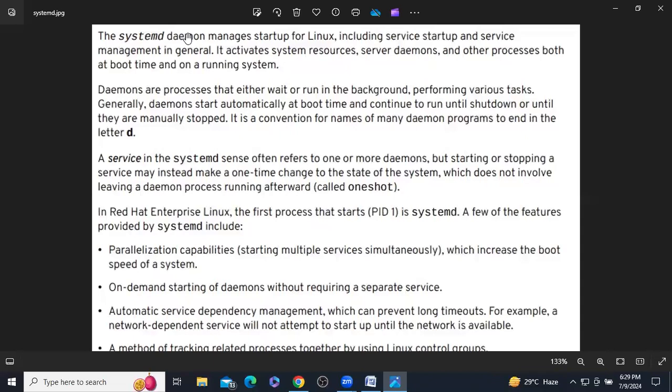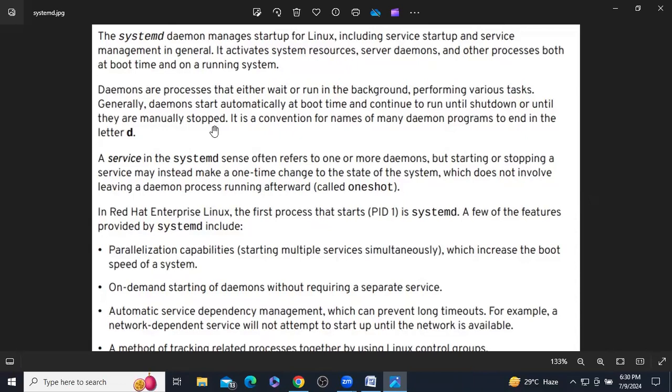So 24/7 for someone who is working, we say you're working like a demon. So a daemon means a process that is running in the background, performing various tasks. Generally, daemons start automatically at boot time and continue to run until you shut down or until they are manually stopped.